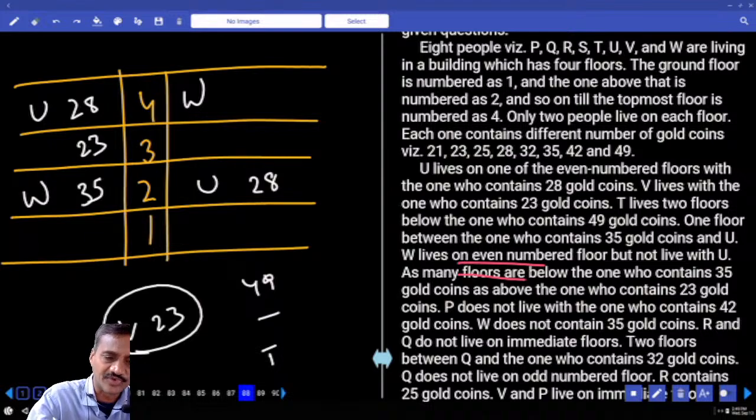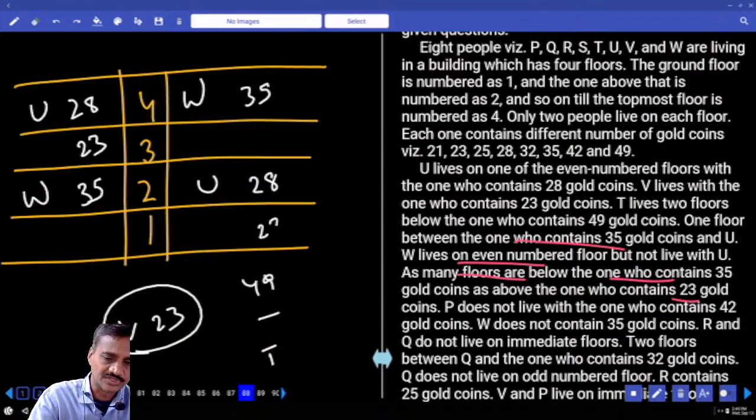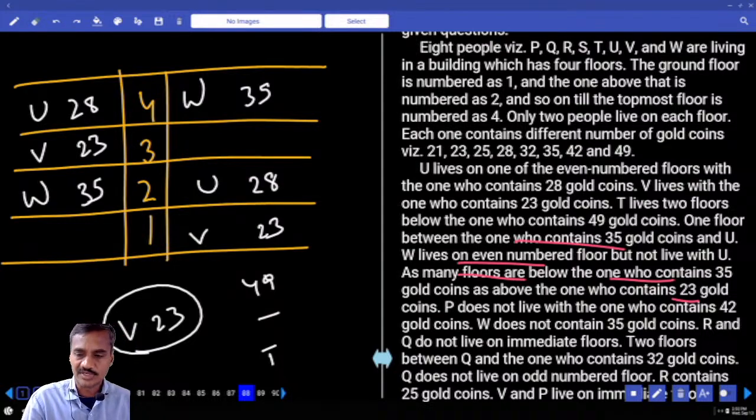Between W and 35, there is 1 floor between 35 and U, so 35 is here. As many floors below 35 as above 23, hence 23 is here. V and 23 are adjacent to each other.